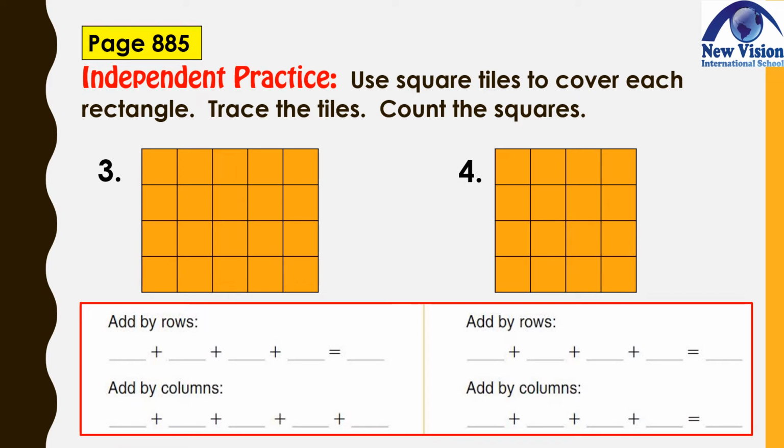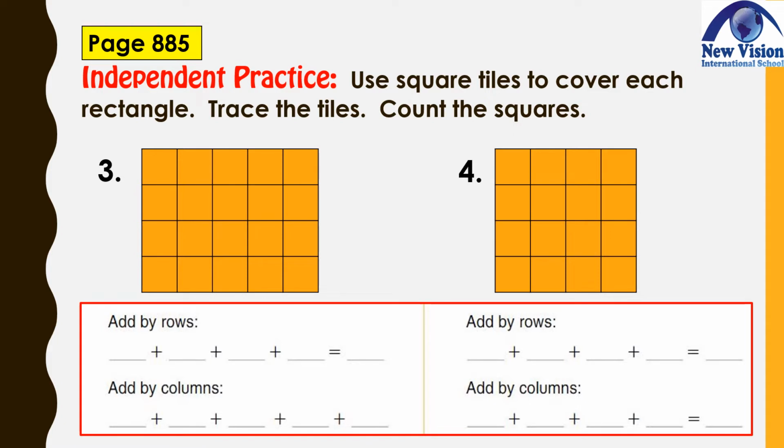For your independent practice, please open your book on page 885. Use square tiles to cover each rectangle. Trace the tiles. Count the squares. Number 3. First, add by rows. There are 4 rows, and in one row, there are 5 squares.